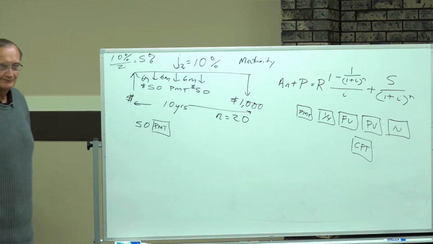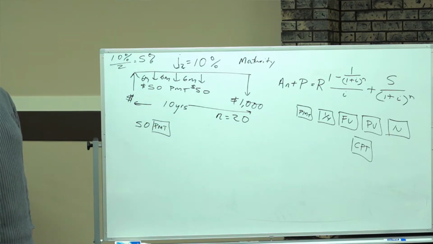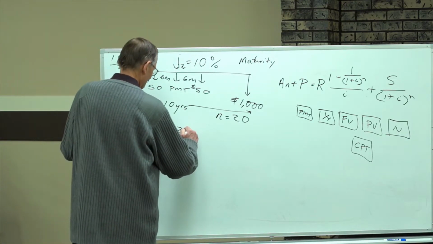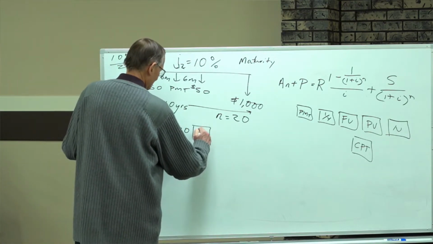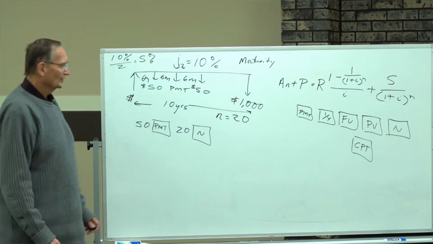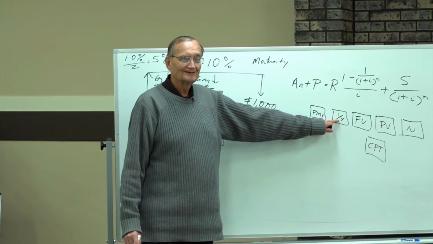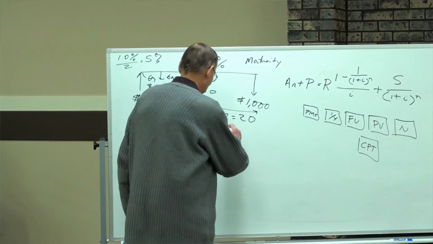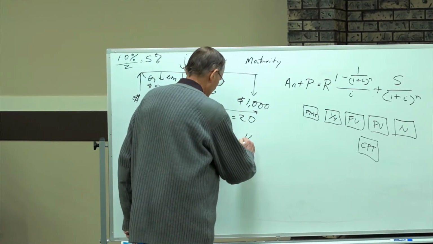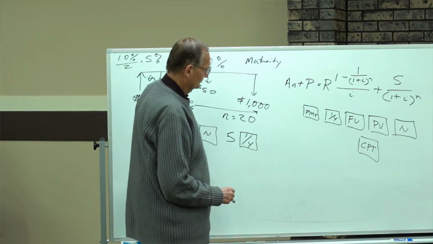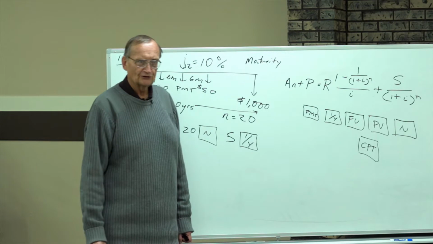You okay? How many payments are there? 20. You told me before. What's the rate of return, the interest rate for every 6 months? 5%. What's the future value that they pay you back?